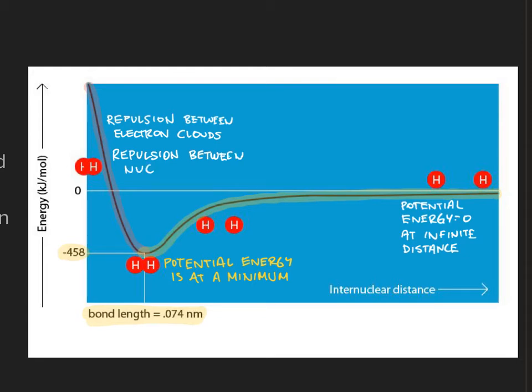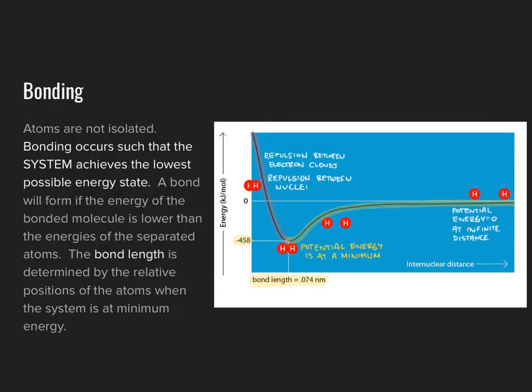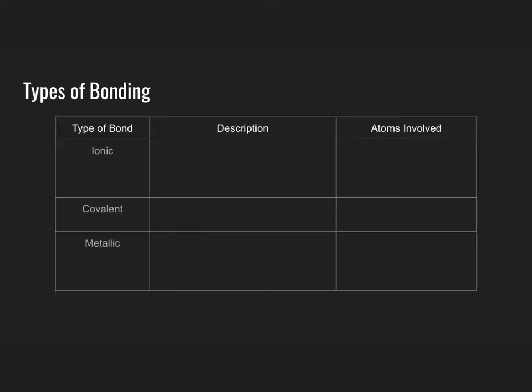And additionally, when you get those atoms really close together, we see repulsive forces between the two nuclei, making the potential energy of the system increase. So again, we find the bond length at the distance where the potential energy of our system of two atoms is at a minimum. So we now recognize that bonding occurs because it lowers the overall potential energy of a system when more than one atom is involved.